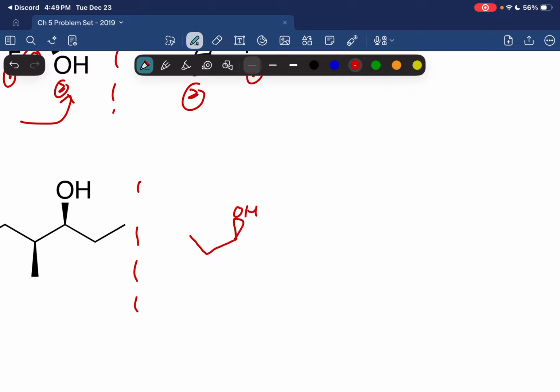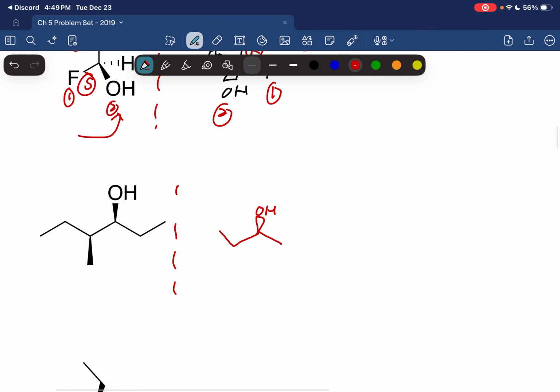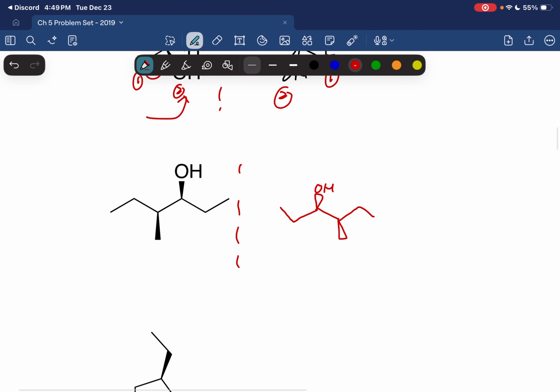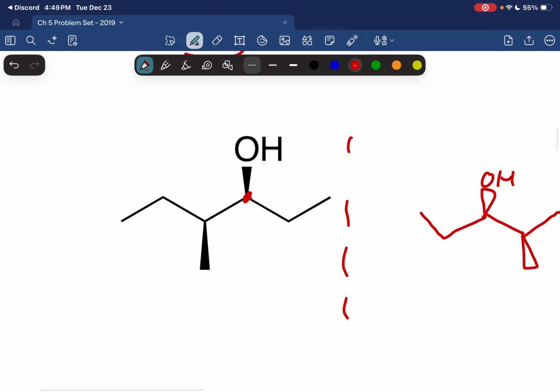Or OH. Our methyl, and this would be the opposite because, test it out. 1, and then which way you want to go?